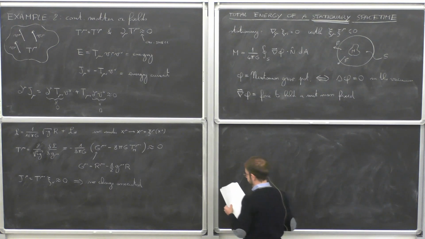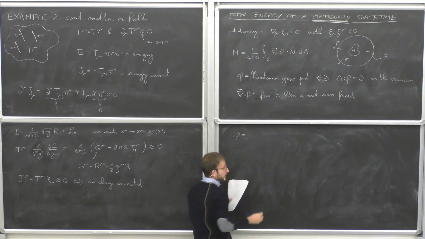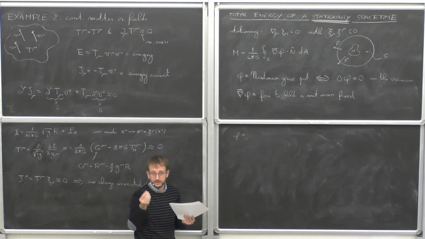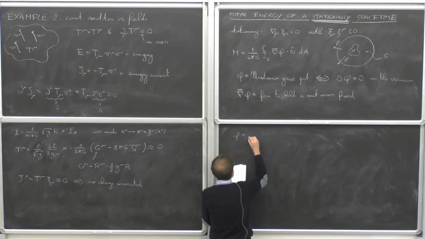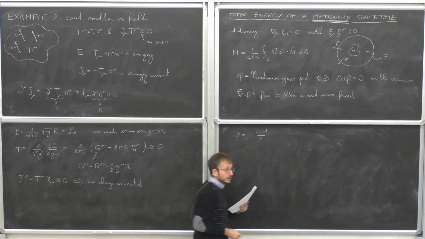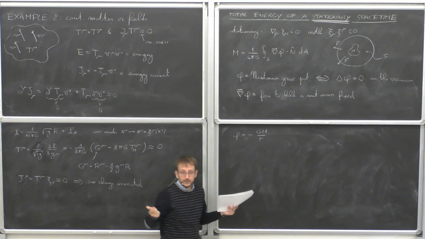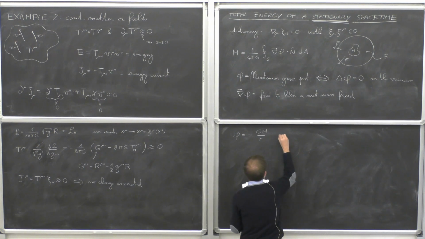The simplest example that we can consider is the one in which I look at the gravitational potential created by a point particle. In this case, the gravitational potential is just minus GM over r. If you take the gradient of this, you find the usual gravitational force, Newton's law.